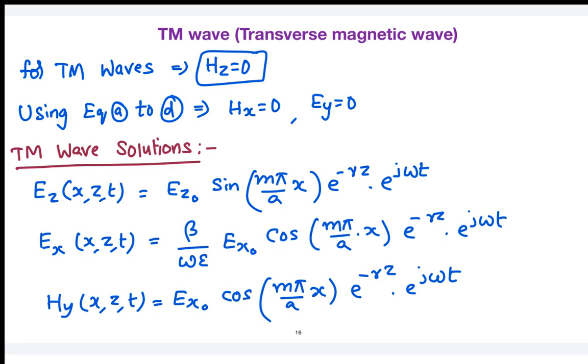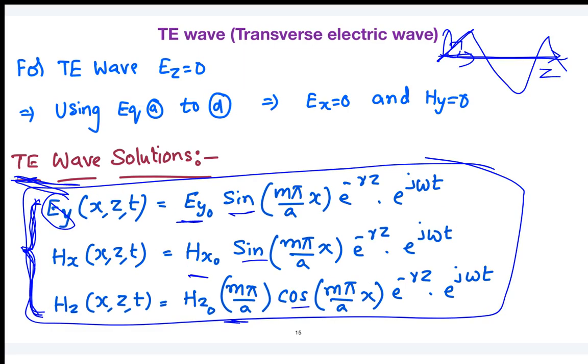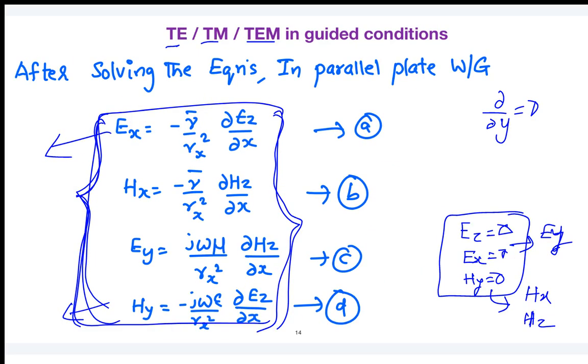In case of a transverse magnetic, Hz will be equal to 0 because there is no magnetic field in the Z direction. Having said that, you can see this equation. When Hz equals 0, your Hx is also equal to 0 and Ey also becomes equal to 0.